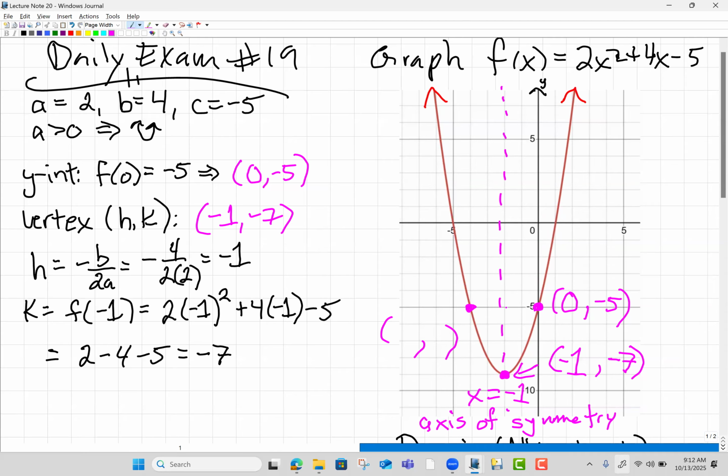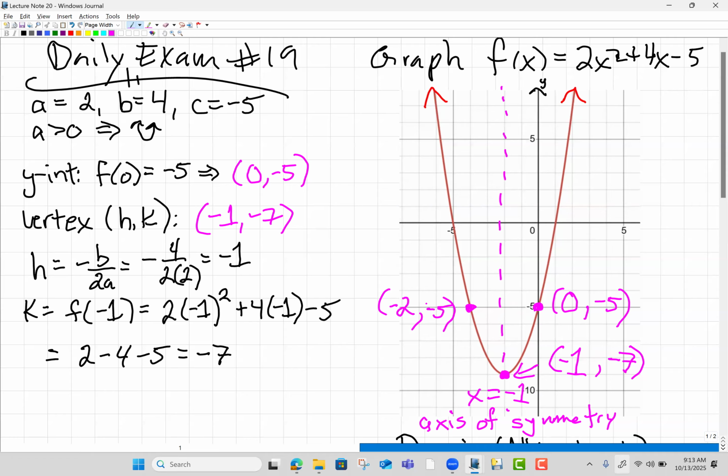Because of symmetry, this distance and this distance are the same. The y value here is the same there. So this guy has the same y value. He's down there at -5. And if from here to here is -1, right? Because this is x equals -1. Then we have -1 and then another one.